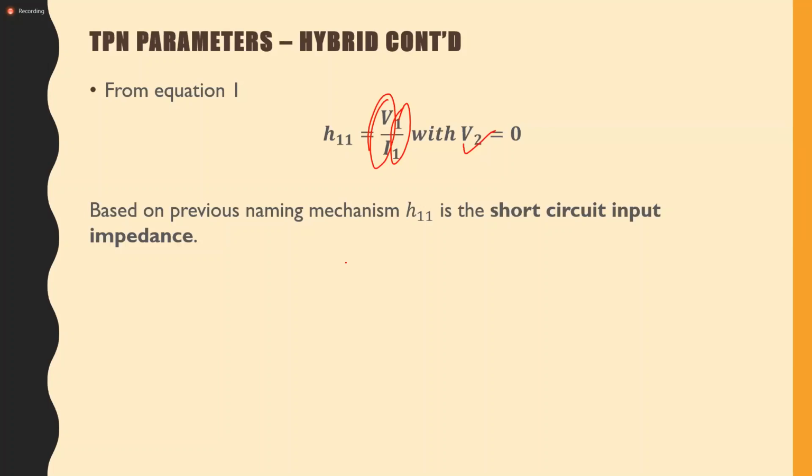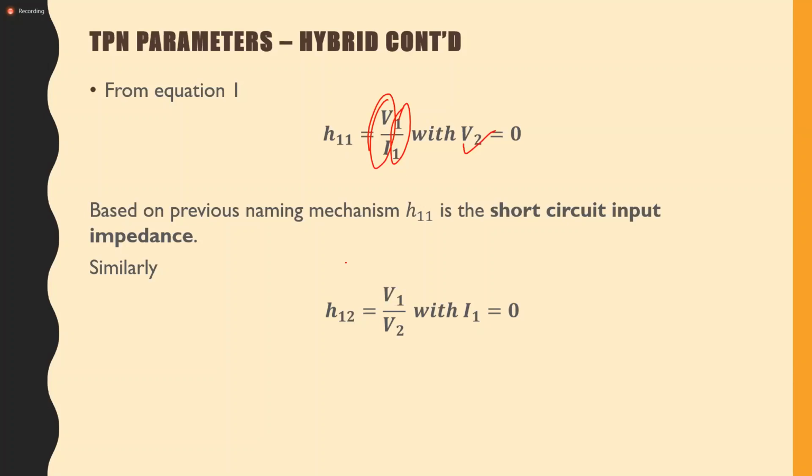All right. So let's consider H12. Now, H12, we would have derived that from the first equation. So we're still with the first equation. We want H12, and for us to get H12, we're making I1 0.